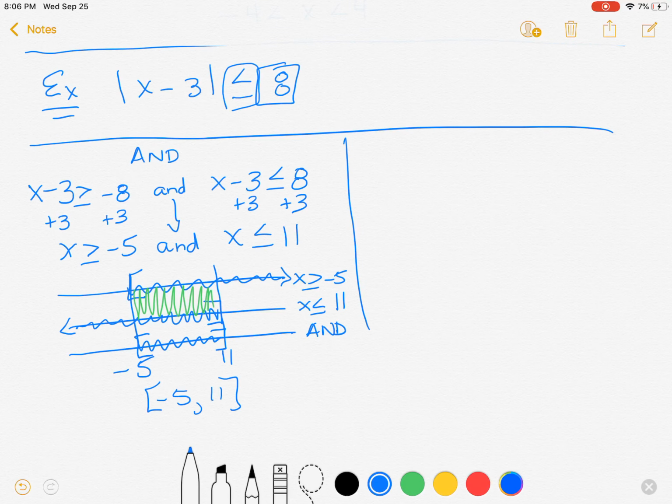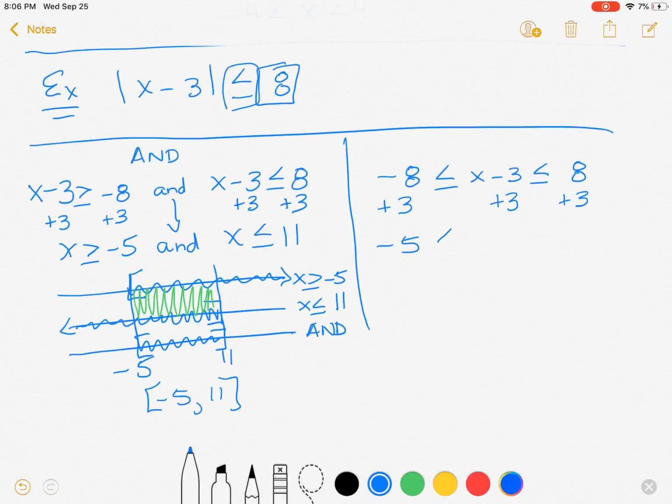Okay, so let me show you that as just the compound inequality. So since it's less than, we would set it between negative 8 and positive 8, just like that. And then I would add 3. Add 3.